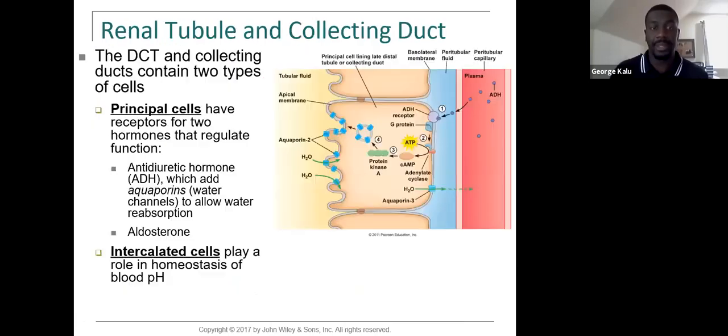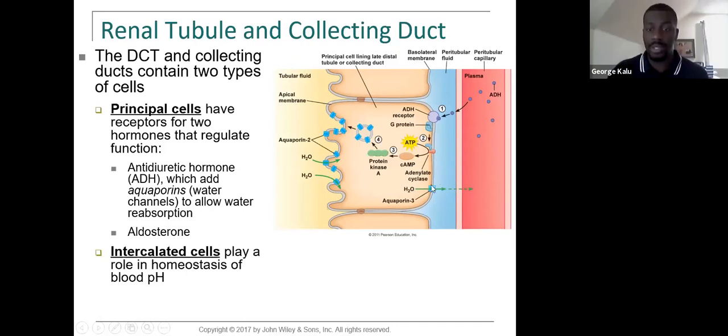When we get to the distal convoluted tubule and the collecting duct, we're going to have two different types of cells here. The first ones are called the principal cells. The principal cells have a receptor for antidiuretic hormone, or ADH, which we see right here. When these receptors bind onto antidiuretic hormone, this causes these cells to produce proteins called aquaporins.